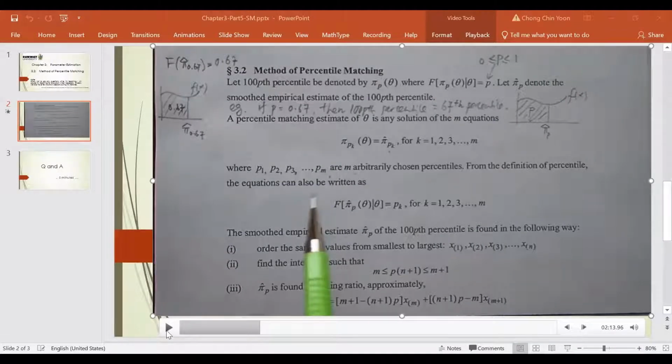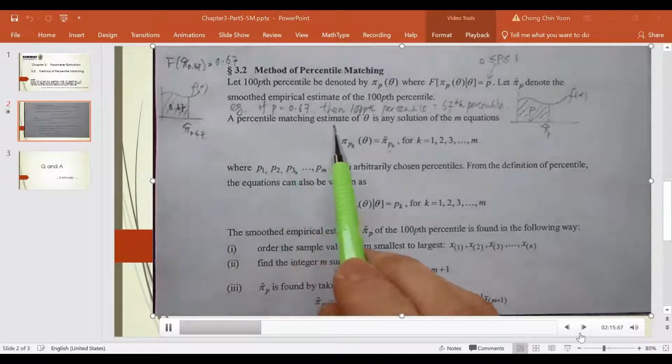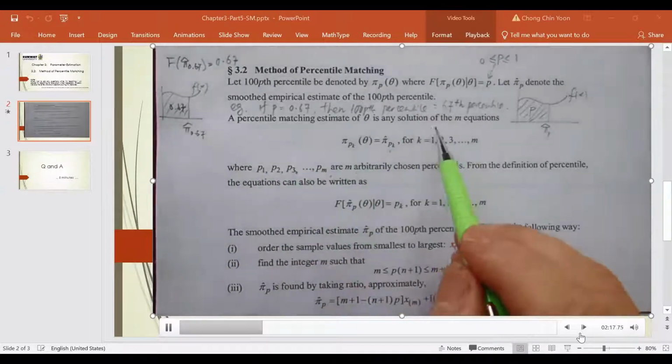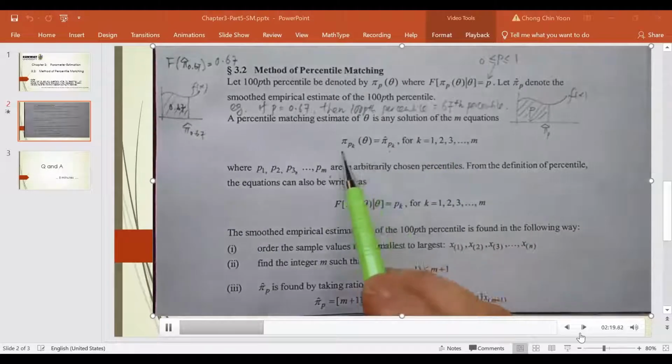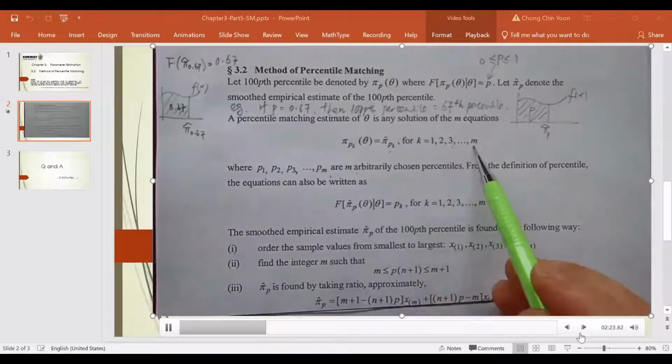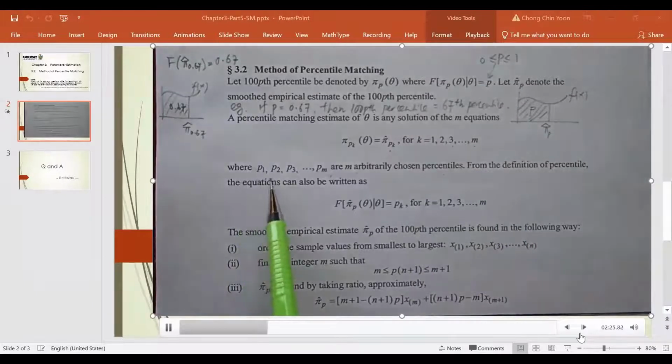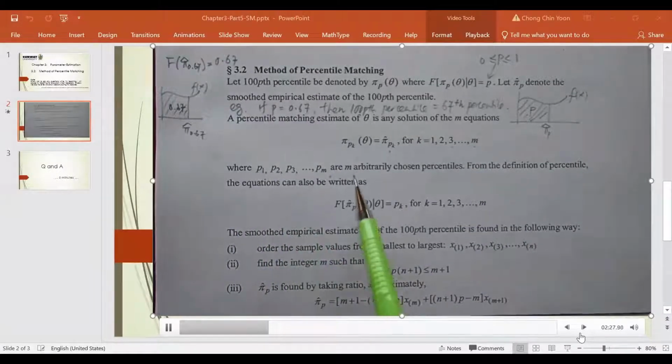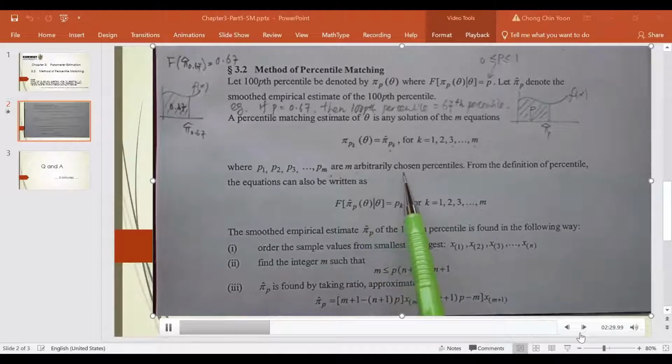Let's carry on. A percentile matching estimate of theta is any solution of the following m equations for k equal to 1, 2, 3 until m, where p1, p2, p3 until pm are m arbitrarily chosen percentiles.